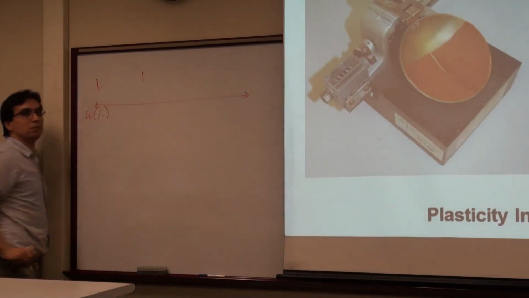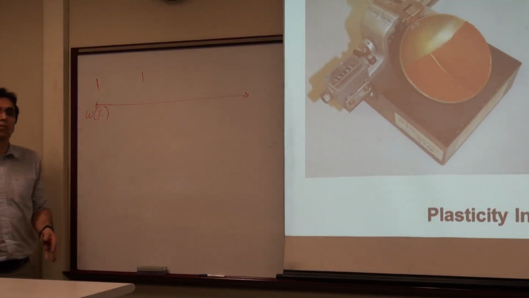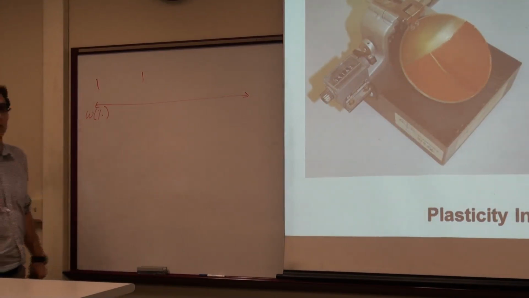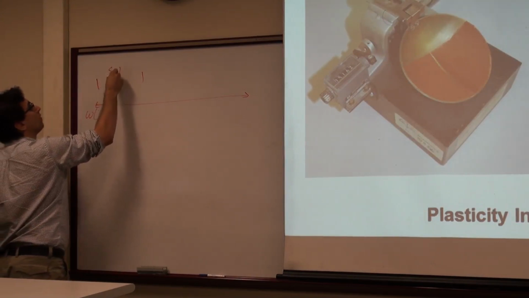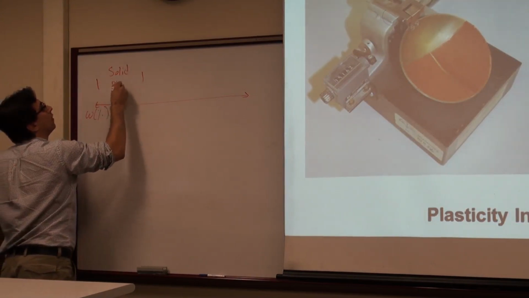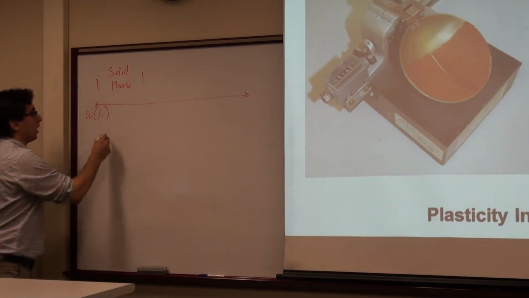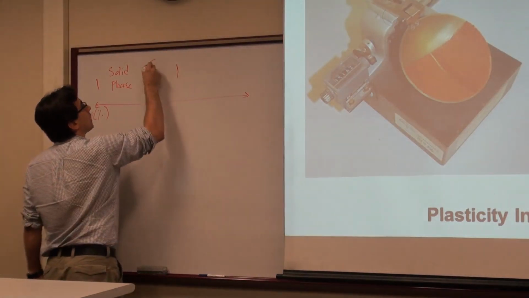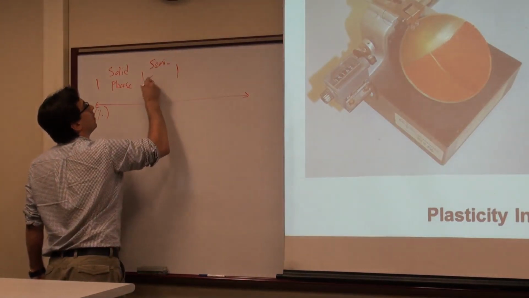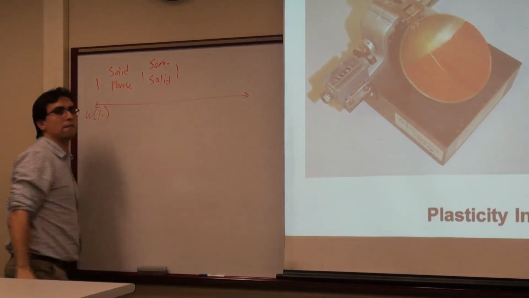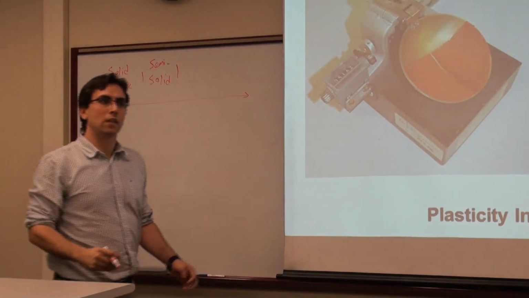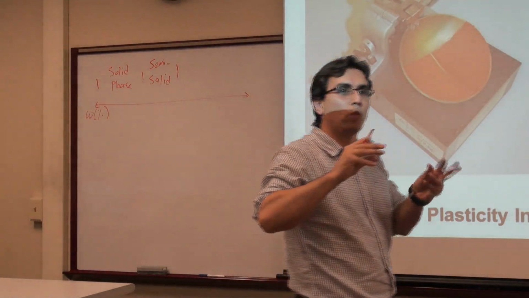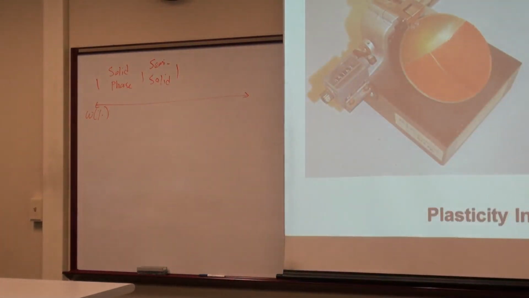If your soil is very dry, you have just solid particles in your soil, you are in solid phase. If you keep adding water, it will move from solid phase to semi-solid. You will get some more water between those solid particles that kind of lubricate, so soil particles can move on each other.